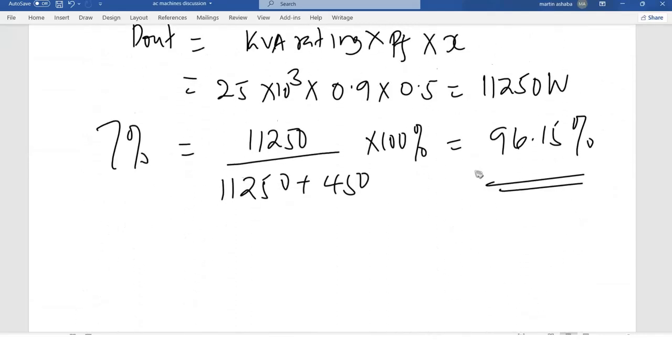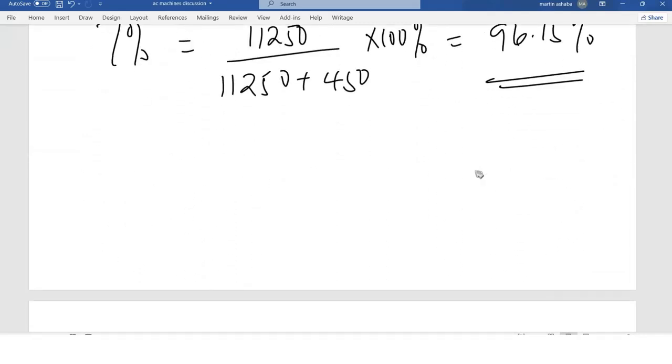What if a question wanted the efficiency at maximum?